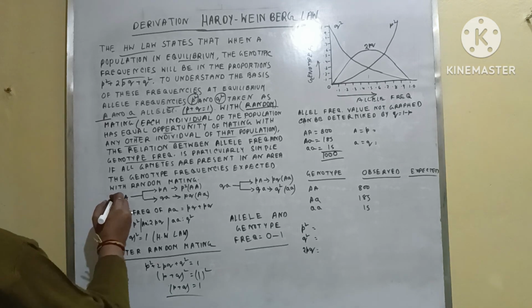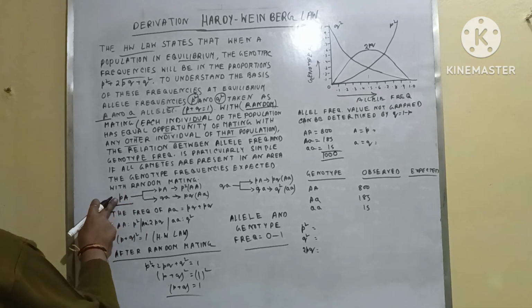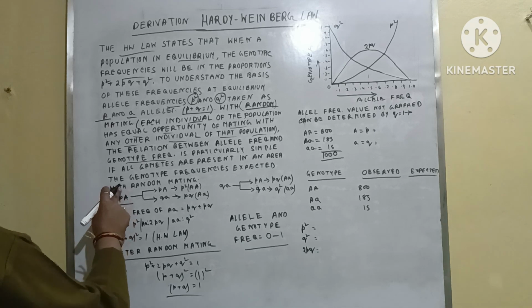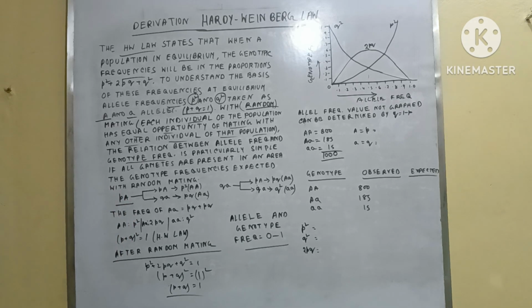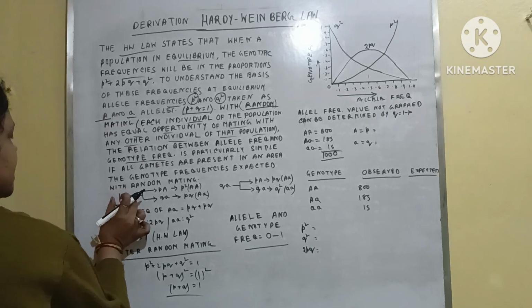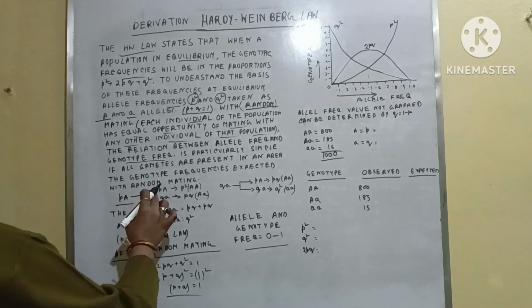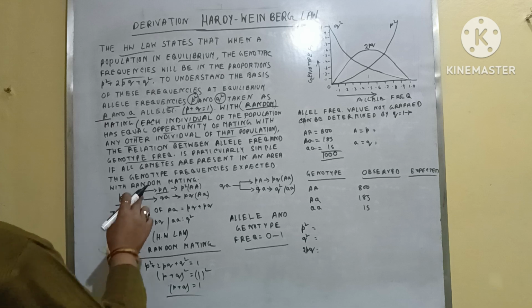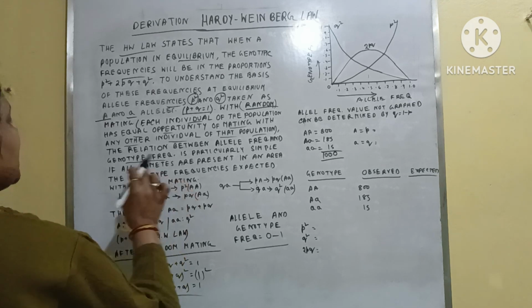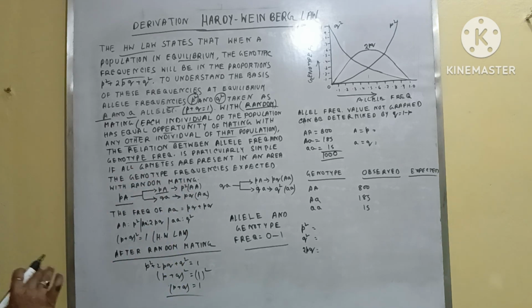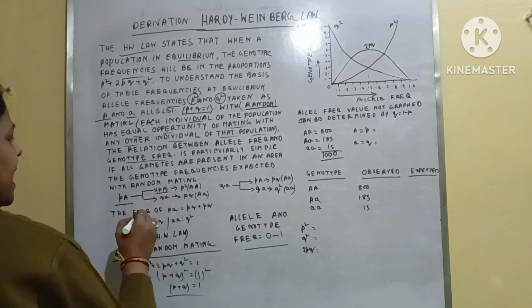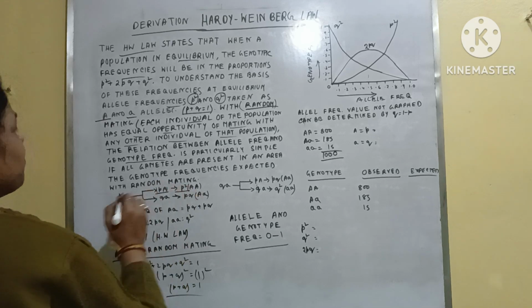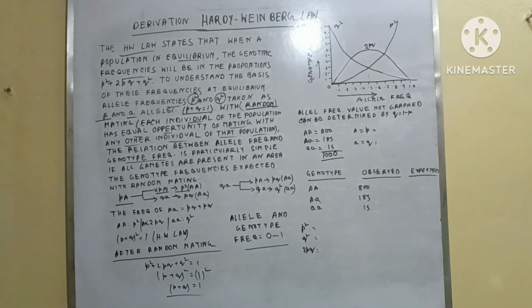Suppose p is the frequency of A. Then it will be formed like this: small p capital A, that means small p square. Why is this p square?